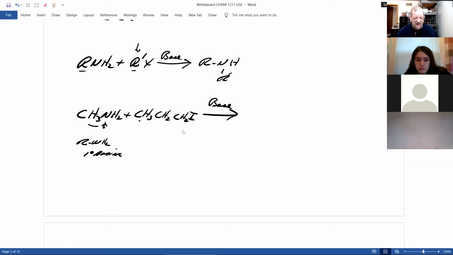The second compound, carbon, halogen, that's an alkyl halide. And we're reacting it with base, and we get, and it doesn't matter which side you put the hydrogens and the R groups, there are many different ways I could write that, a secondary amine.